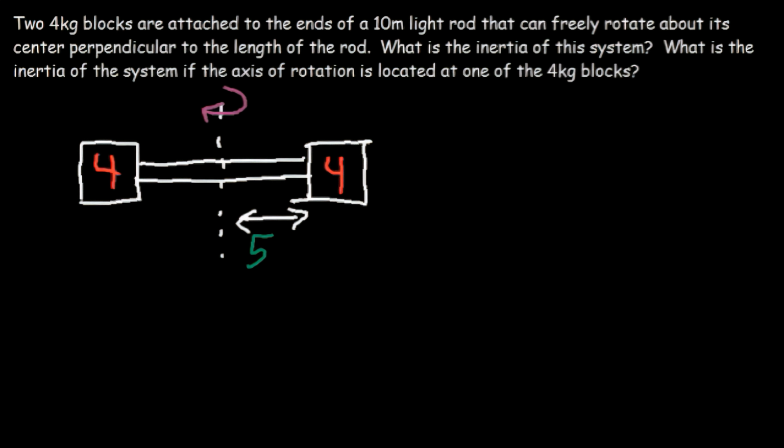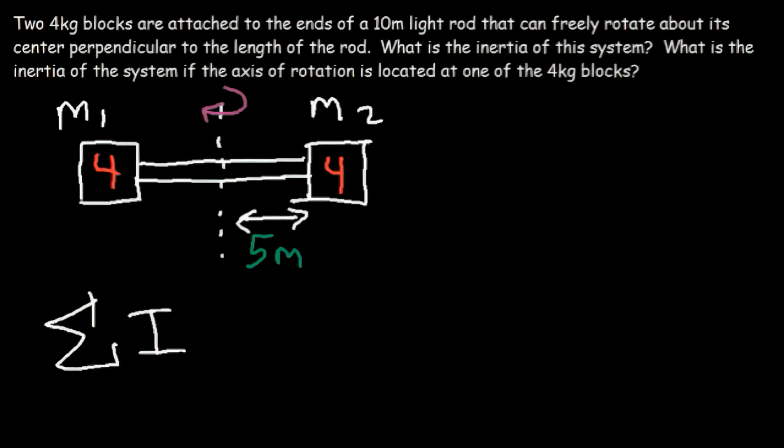How can we calculate the inertia of the system? The inertia of the system is the sum total of all of the individual inertias. So let's say that this is M1 and this is M2. So it's going to be I1 plus I2, which is m1 r squared plus m2 r squared.